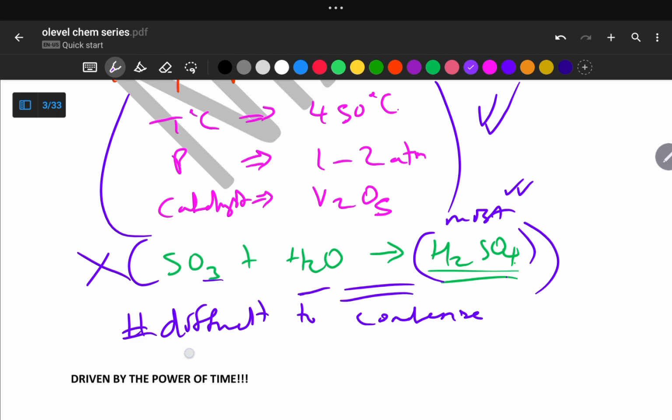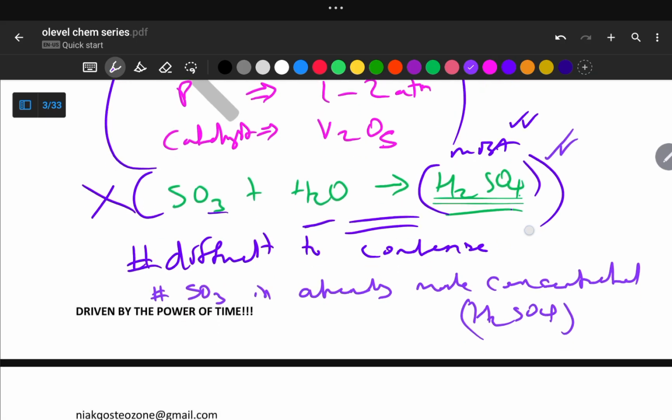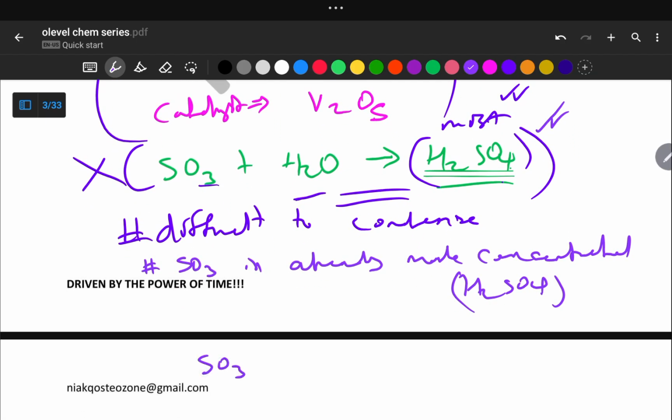We are going to absorb sulfur trioxide in already made concentrated sulfuric acid. We have already made concentrated sulfuric acid by this pathway, which is there for this absorption process. So sulfur trioxide is absorbed into sulfuric acid to give oleum.